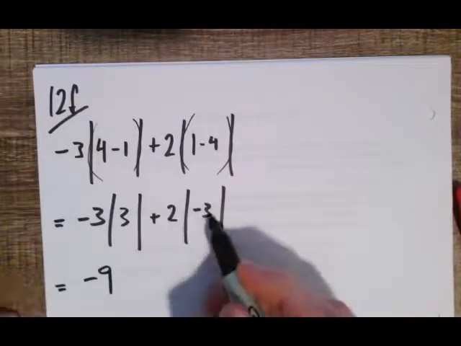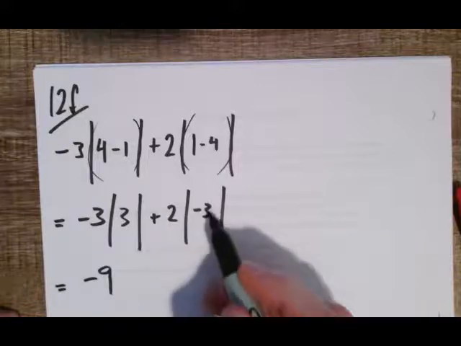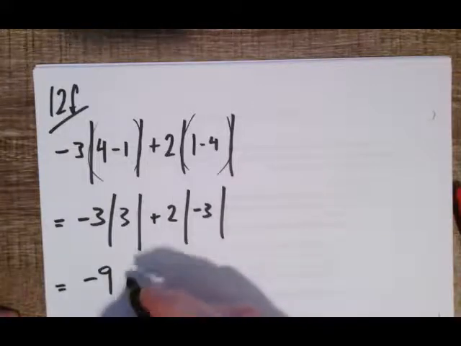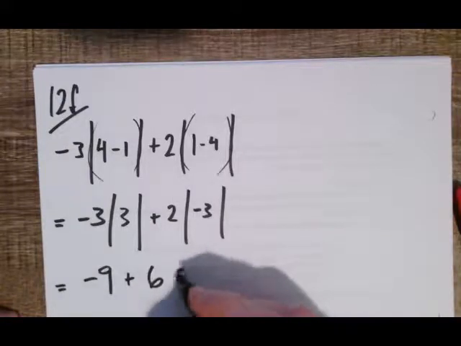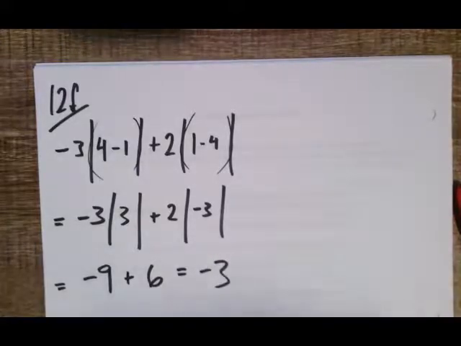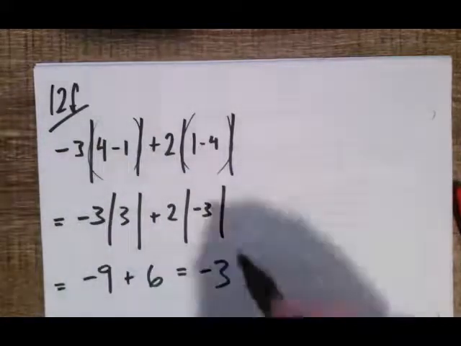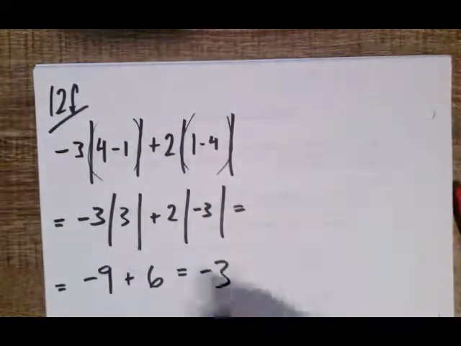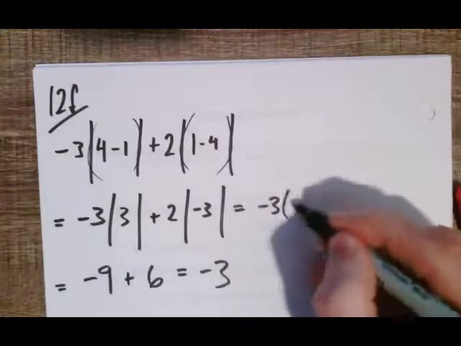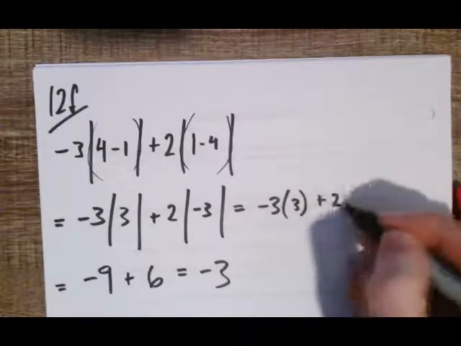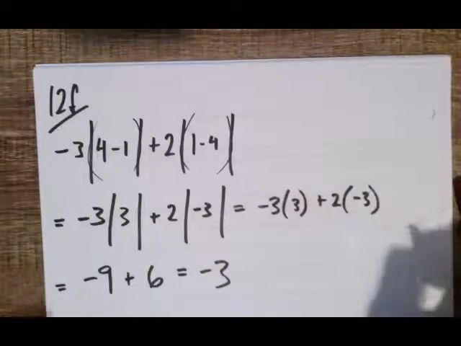Absolute value of negative 3 is positive 3. So 2 times positive 3 is 6, which equals negative 3. So if you want, you might want to do one more step where it's negative 3 times 3 plus 2 times negative 3, if that helps.